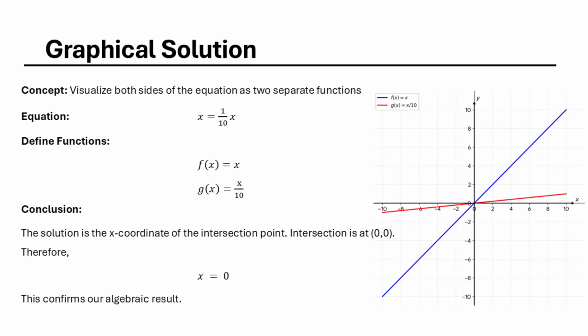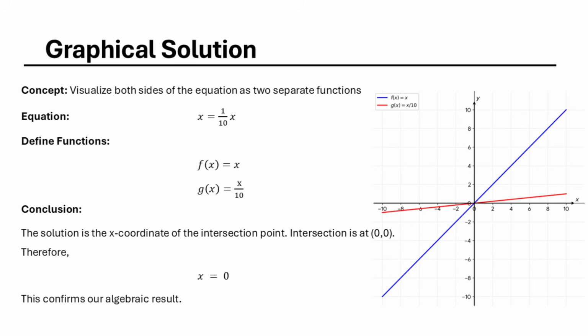The first function will represent the left side. f of x equals x. This is the simplest linear function. On a coordinate system, it's a diagonal line passing directly through the origin, which is the point 0, 0, with a slope of exactly 1. Every point on this line has the same x and y coordinate.